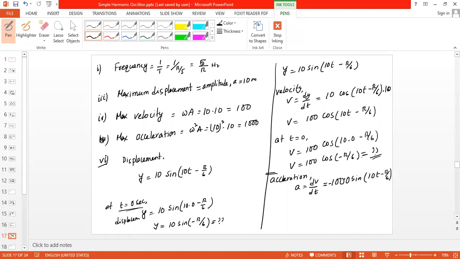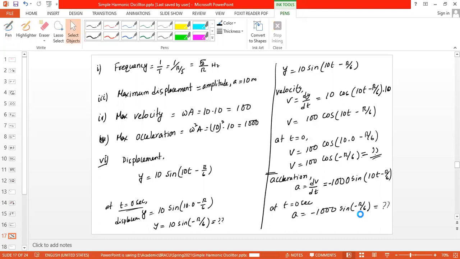So an additional 10 will come here. At time t equal to 0 second, my acceleration will be equal to minus 100, sorry, minus 1000 times sine of minus pi by 6, replacing t by 0. Again you have to calculate the value.